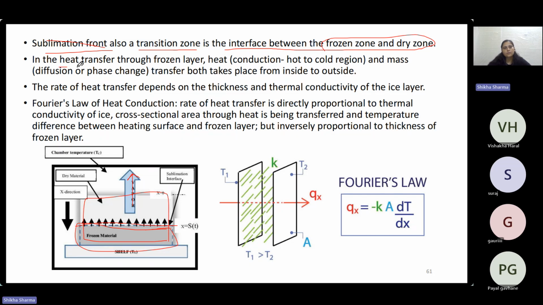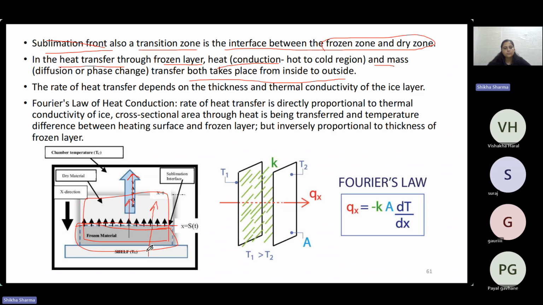In the heat transfer through the frozen layer, heat and mass transfer both take place from inside to outside. So what happens? Heat transfer by conduction happens from hot to cold region.